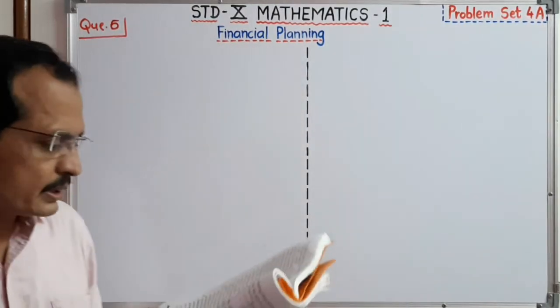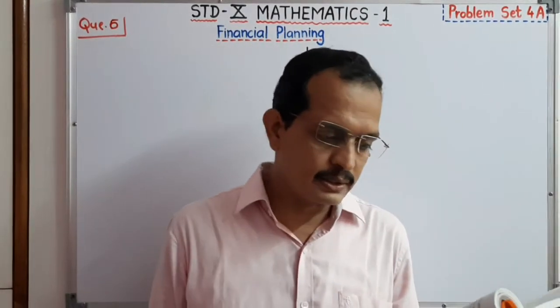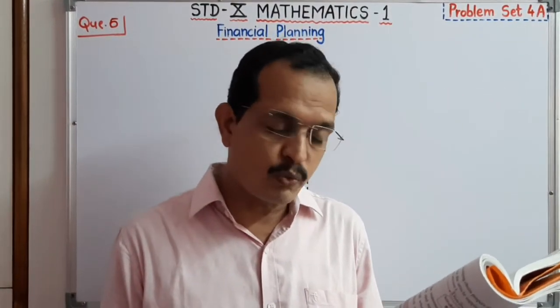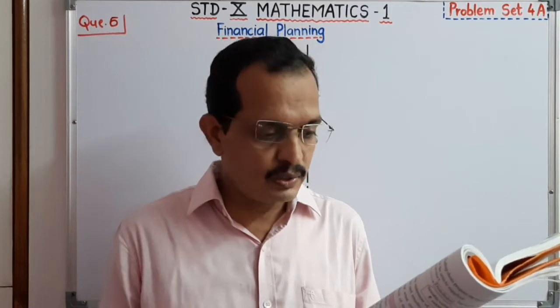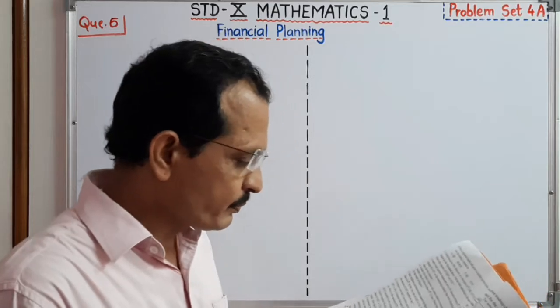See the question number 6th one. A company provided security services for the taxable value of rupees 64,500. Rate of GST is 18%.